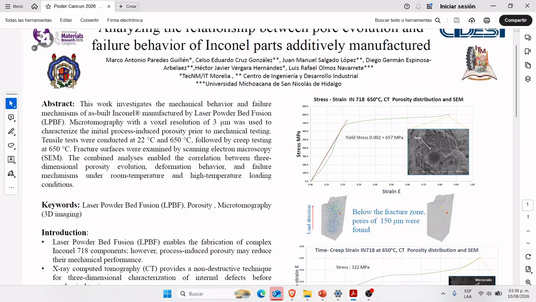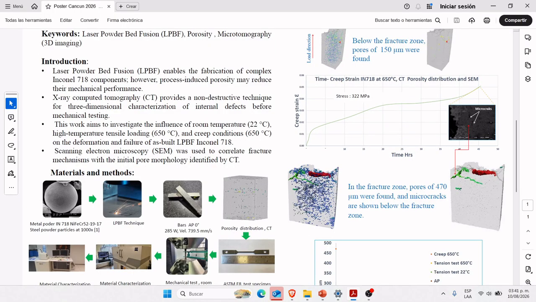Below the fracture zones, pores of 150 micrometers were found. Creep tests were performed at 650 degrees Celsius with a constant stress of 322 megapascals, and a rupture time of 45 hours was obtained.